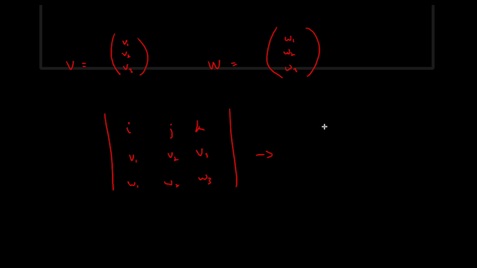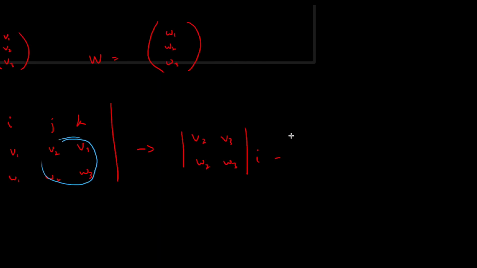The cross product would simply be the determinant of v2, v3, w2, w3, which is this part, and then the i of this is the i vector, minus the determinant of v1, v3, w1, w3, so the j vector, plus v1, v2, w1, w2, this is the k vector.